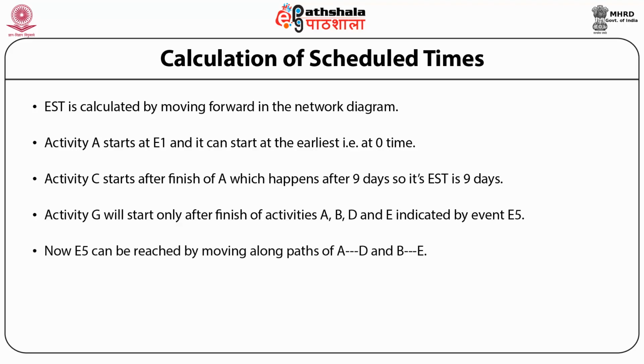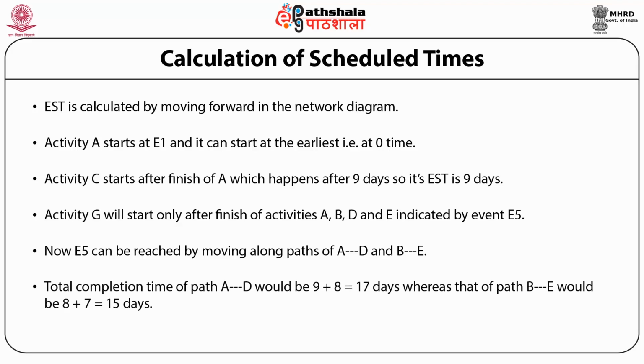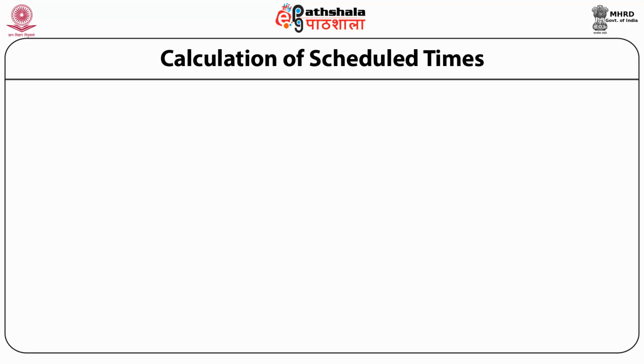Now E5 can be reached by moving along paths A to D and B to E. Total completion time of path A to D would be 9 plus 8 equal to 17 days, whereas of path B to E would be 8 plus 7 equal to 15 days. As G would not start till all preceding activities are finished, its start time would be 17 days.